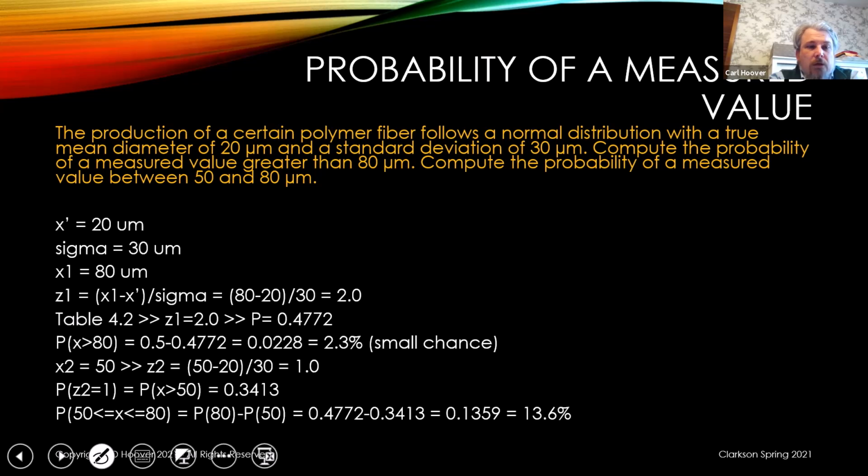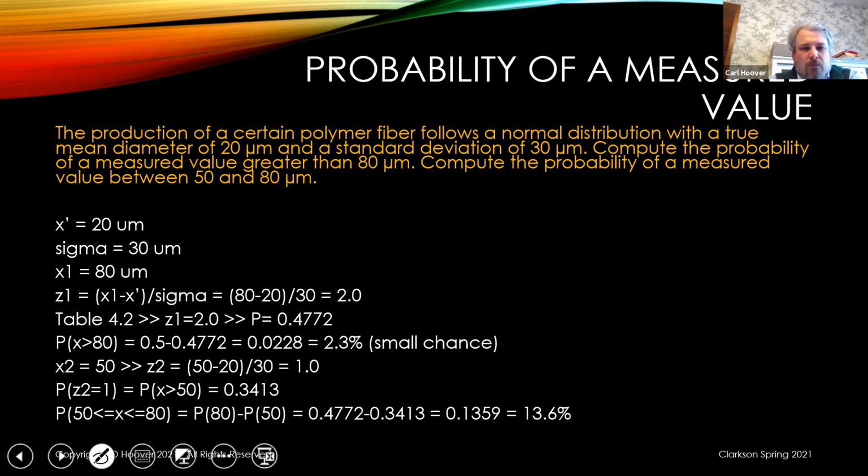So we'll compute our Z from our mean and standard deviation. For 80, we have 80 minus 20 over 30, that's 2.0. We'll look that up in the table, and we'll get a probability of being 0.5 minus 0.4772, or 0.0228, 2.3%, small chance.